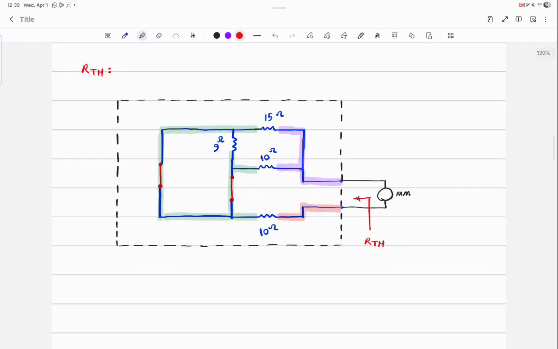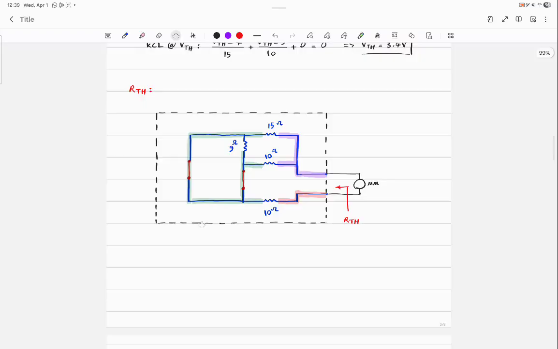Now, how about the 9 ohm? Shorted, why? Because it is between green and green, so it is shorted, okay? So 9 ohm, short circuit.